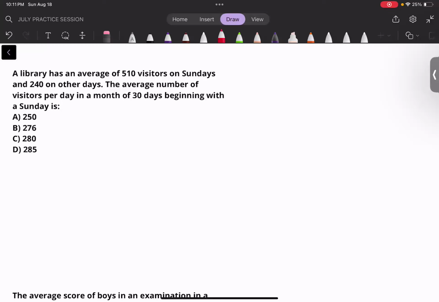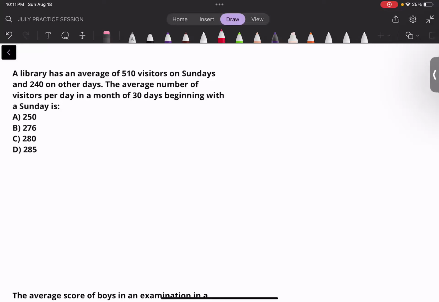Vijay Kumar correct, Sakib correct, Pathan correct. Okay, so 285 is correct.